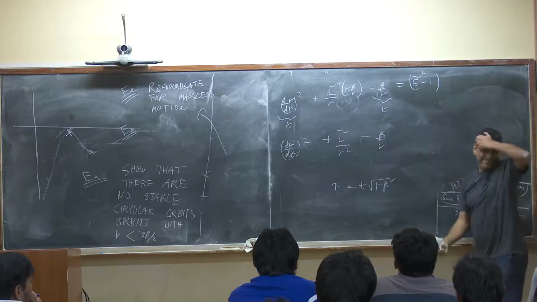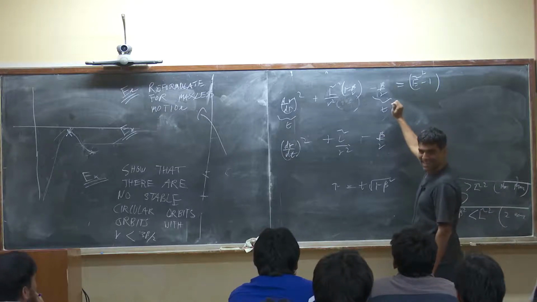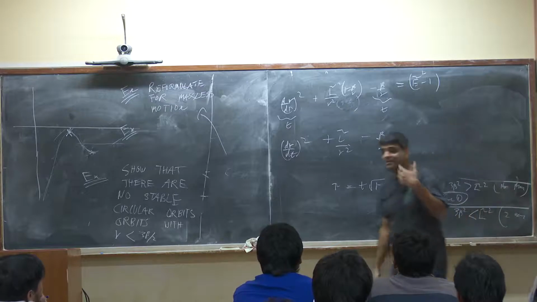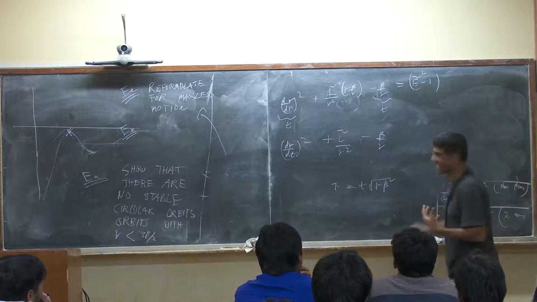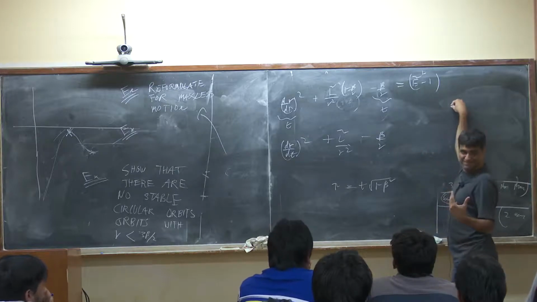What about this quantity? What was E tilde? Let's now write it in terms of relativistic energies. E tilde was the full energy divided by m.